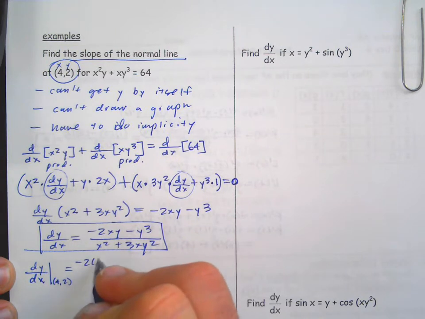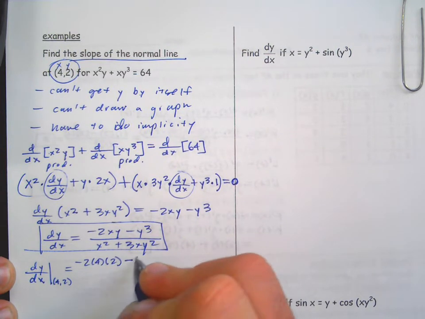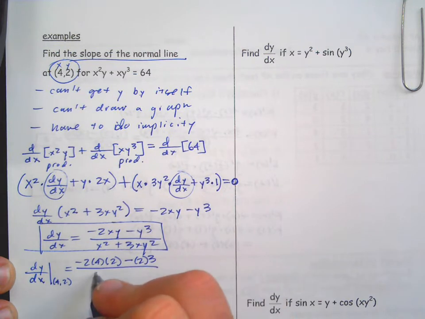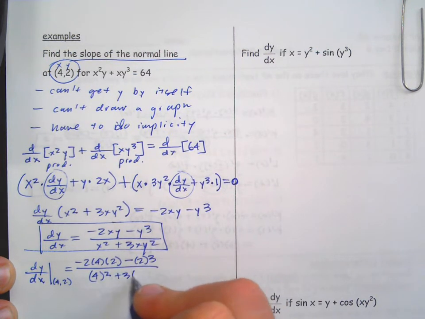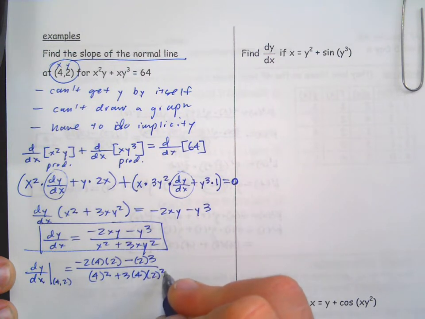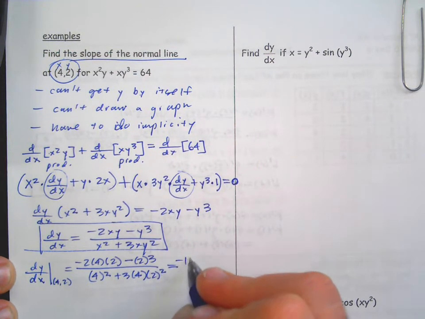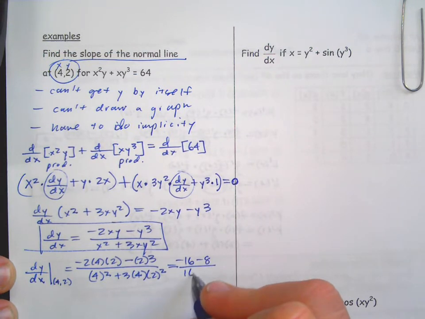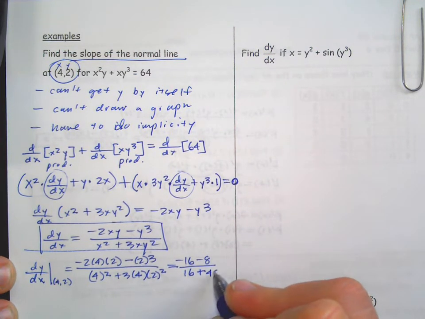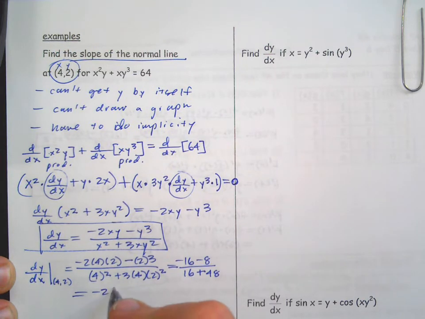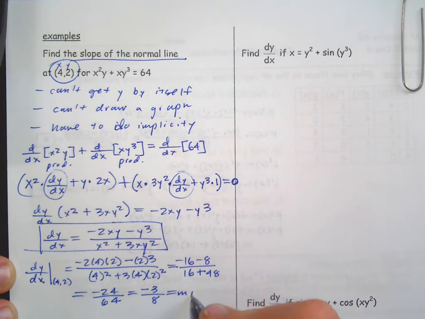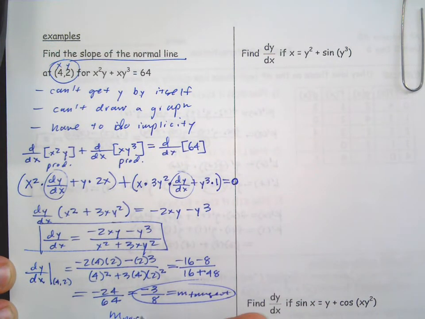It's going to be negative 2 times 4 times 2 minus 2 cubed over 4 squared plus 3 times 4 times 2 squared, which is negative 16 minus 8 over 16 plus 48, equals negative 24 over 64, equals negative 3/8, which is the slope of the tangent line, right? And so the slope of the normal line is going to be positive 8/3.